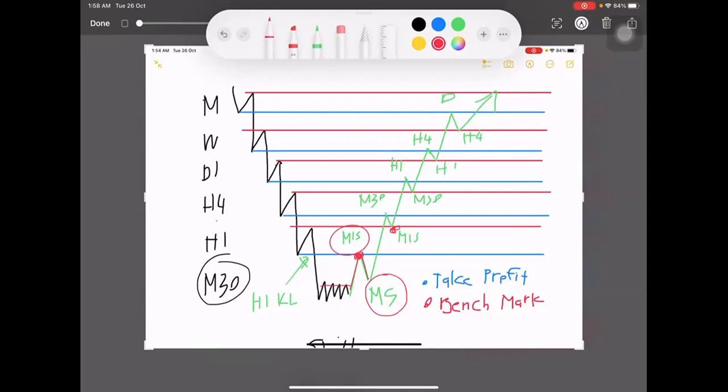And then you take the weekly setup, which is at the H4, targeting the monthly. Yes. Okay. Thank you, Carlo.